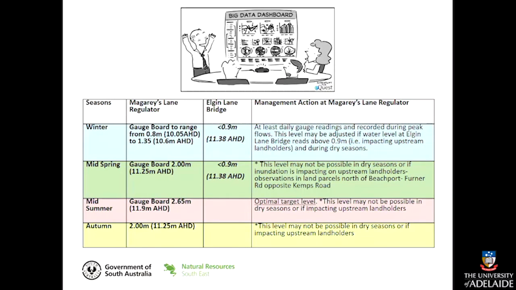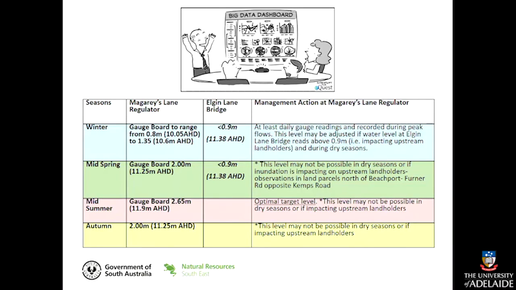So this is the outcome. Following this data collection and some interpretation of the influence that the regulator and surface water has on the local water table, I was able to produce an operational guideline for the regulator.